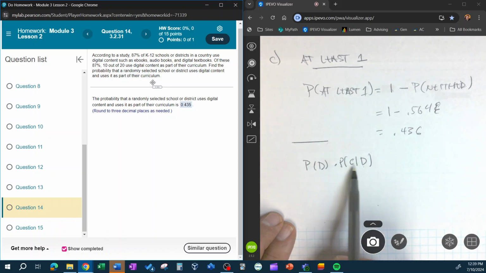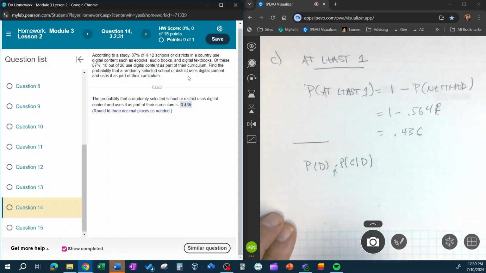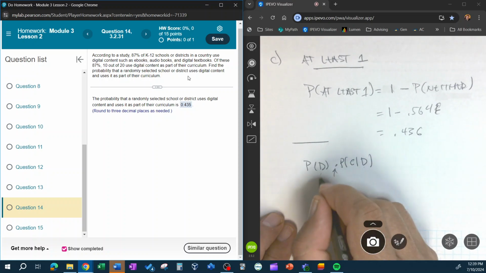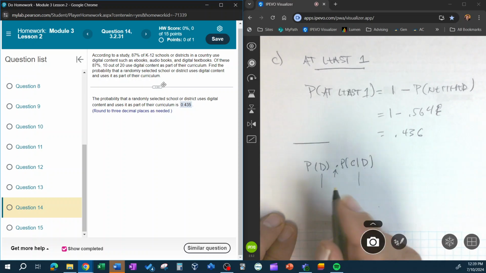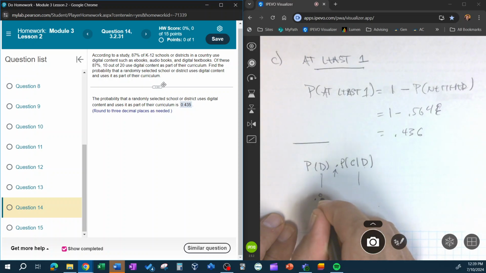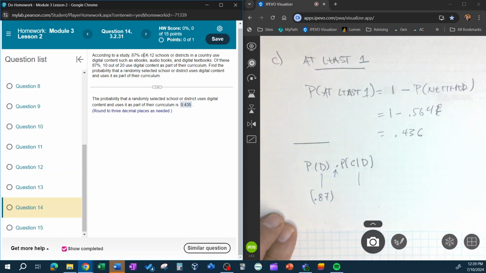So that's a little bit confusing on the way they worded this problem, but remember, we're doing the multiplication rule, all right? So let's find out what these numbers are and multiply them. All right, so the first one is, what's the probability that they use digital content? That's going to be 0.87, right? It says 87%. And then given that they use digital content, 10 out of 20 use digital content as part of their curriculum.